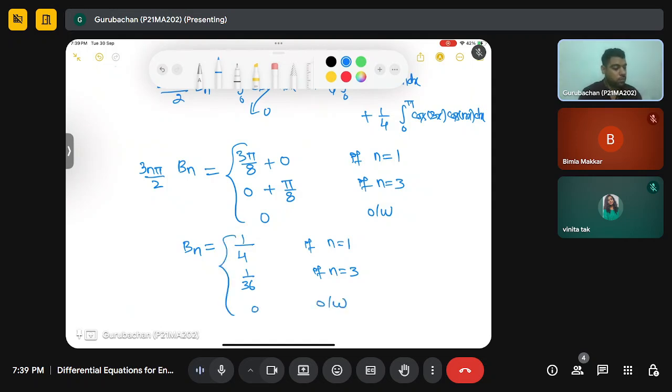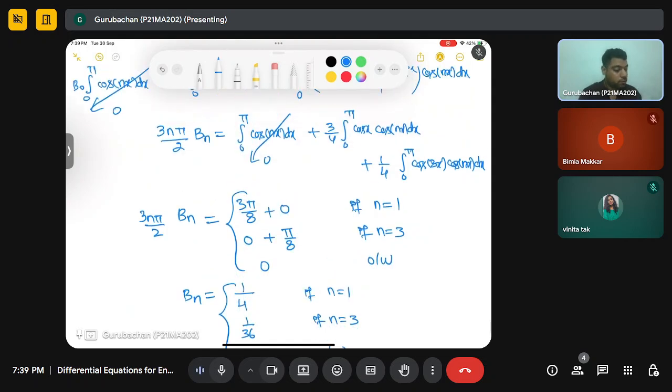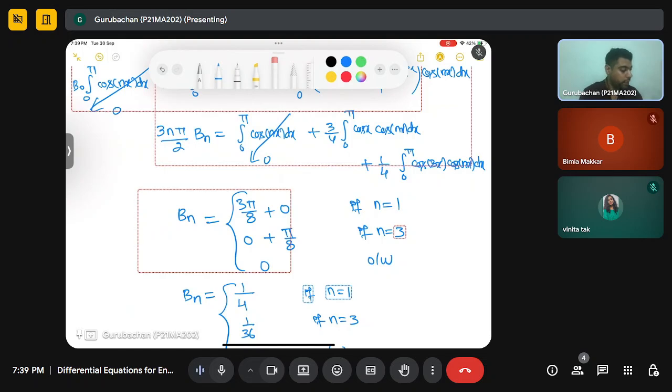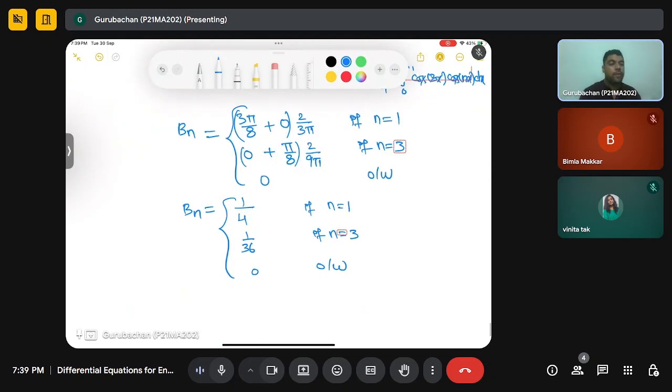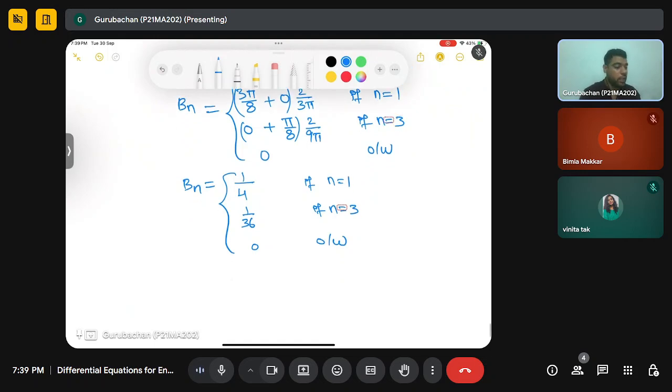So for simplicity, no more confusion, you may write it 2 by 3n pi. So you may write it 2 by 3 pi, 2 by 9 pi. From here you will get b1 as 1 by 4 and b3 as 1 by 36, and all other bn's are 0.